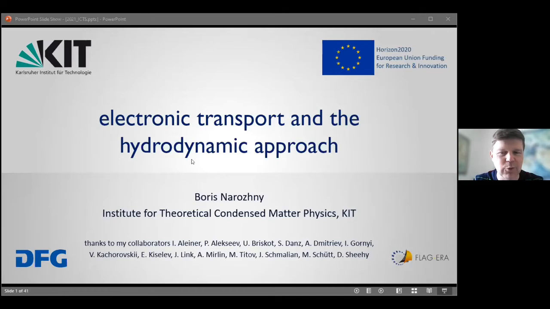So it's a good opportunity to talk about our results, which are in the more conventional condensed matter direction, where we're interested in the electronic transport in various conventional as well as novel materials, and try to see whether the hydrodynamic approach can help us understand what's going on in actual experiments.